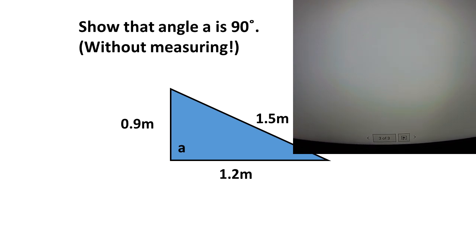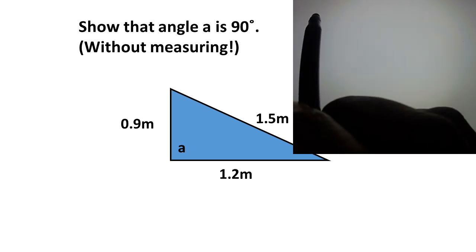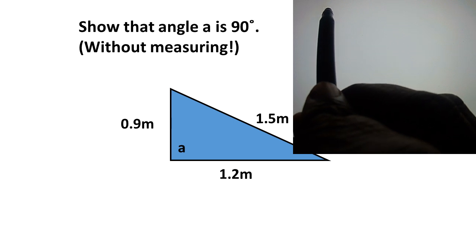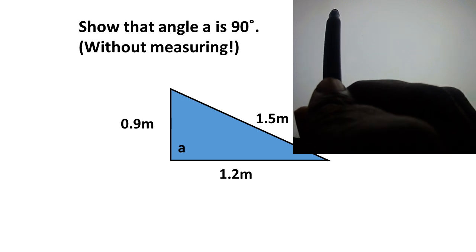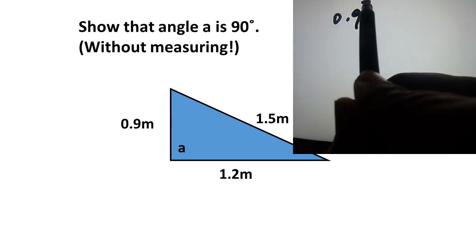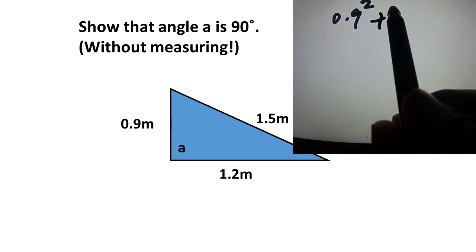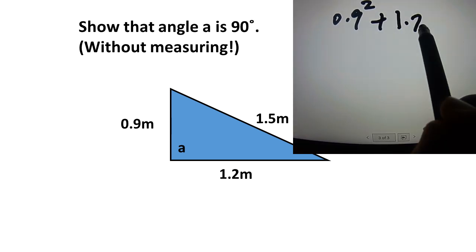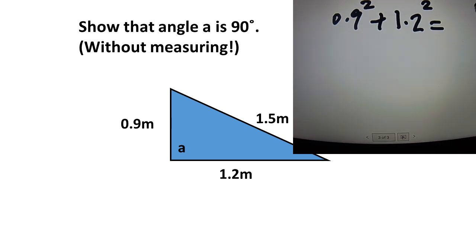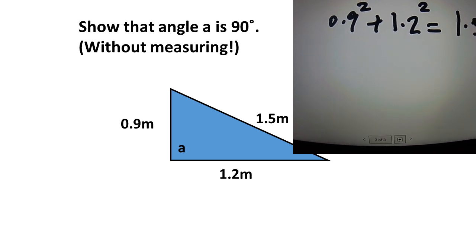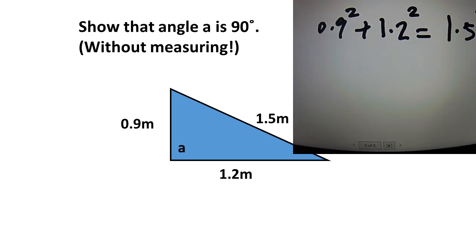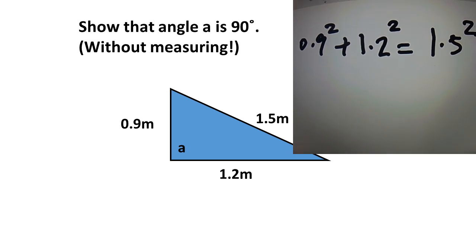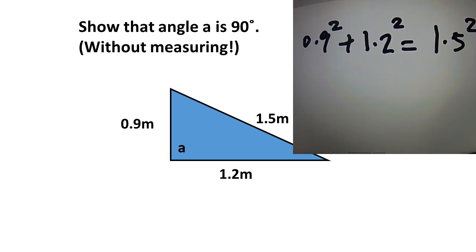Basically, if I square the two short sides, and the two short sides in this case are 0.9 squared plus 1.2 squared, it must equal 1.5 squared. That is the way I'm going to prove that this is a right angle.